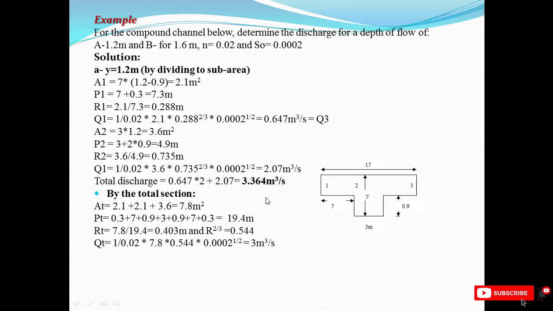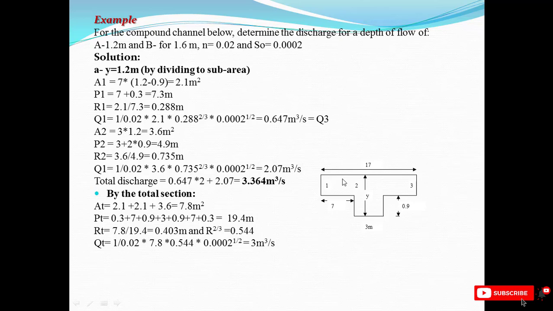How can we find the discharge in the channel? In two ways: by the total section or by dividing into some parts. We have a compound channel. Determine the discharge for a depth of flow if y is equal to 1.2, and if y is equal to 1.6. We have n 0.02 and S 0.0002.